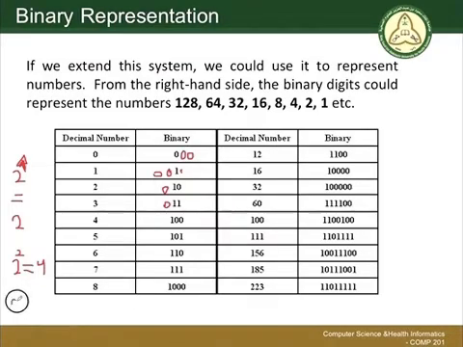So with this formula, for example 2 to the 3, it's going to give me 8 unique patterns, but I know that I start from 0, so the maximum number I can represent with 3 bits is going to be number 7.